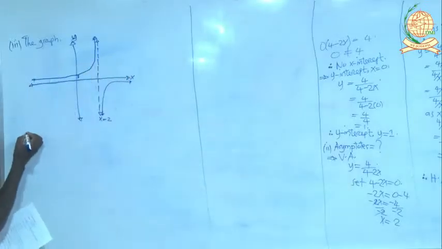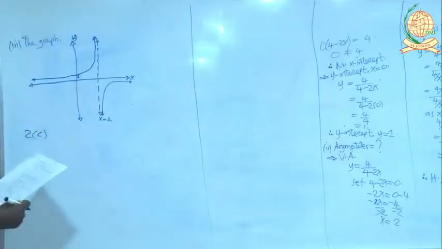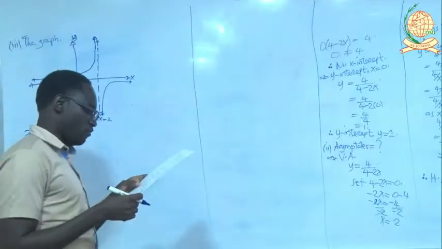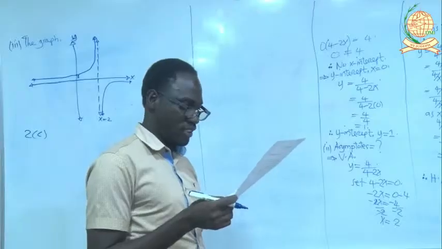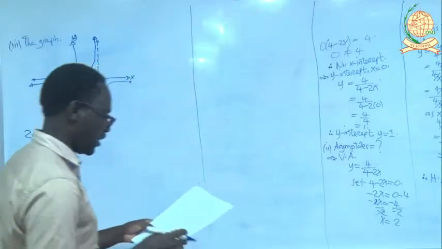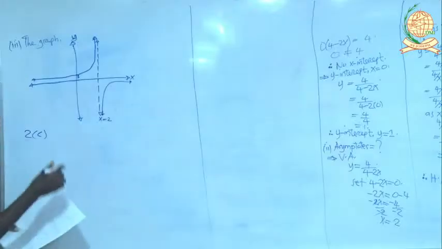Okay, let's continue. Question number 2c. Write the function f of x is equal to x squared plus 5x plus 7 in this form. As I said, you will get these questions from our website, so don't worry.